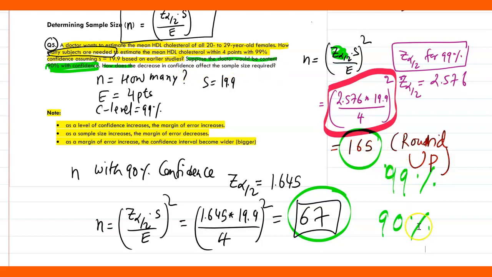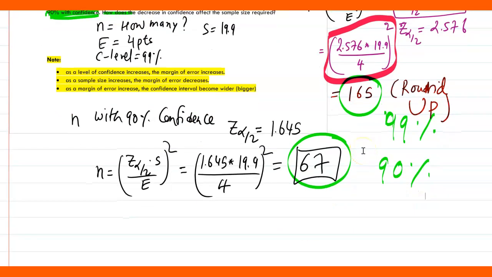Listen, if you decrease the confidence level, the sample size required is going to decrease. That means for a smaller confidence level, a smaller sample size is required.